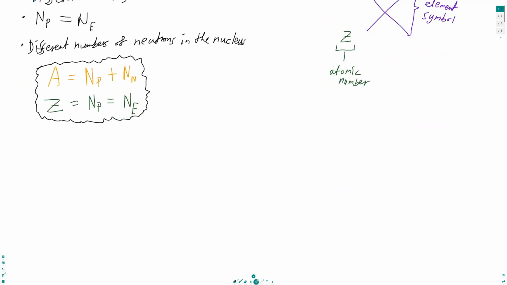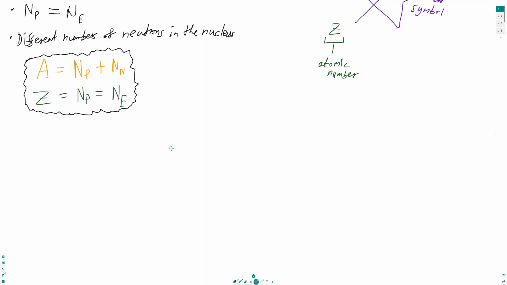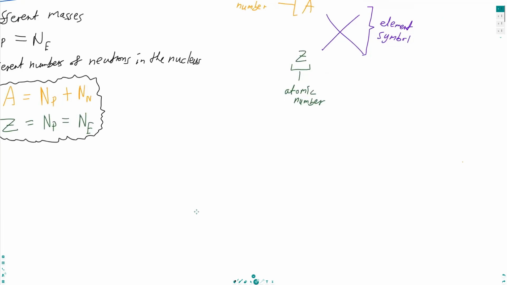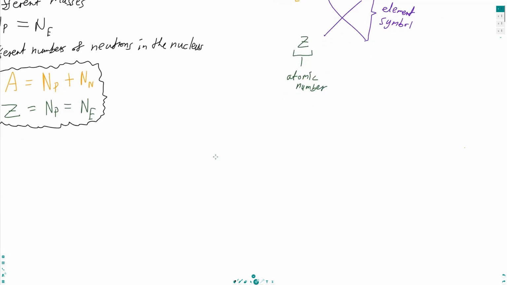So let's go with the example that I have. Actually, here they're using the examples for carbon. But we're not going to do carbon, we're going to do helium, because helium, I think, has only the one isotope. So it will be fine.